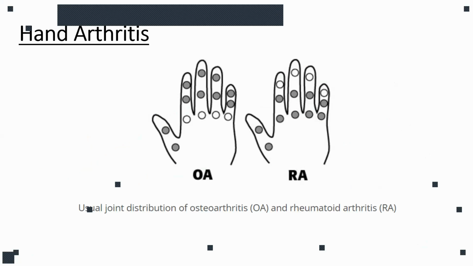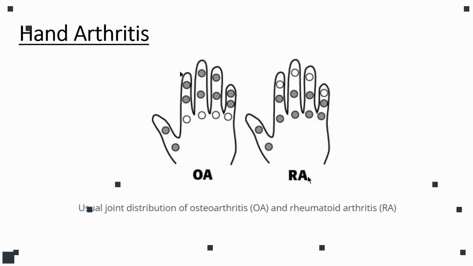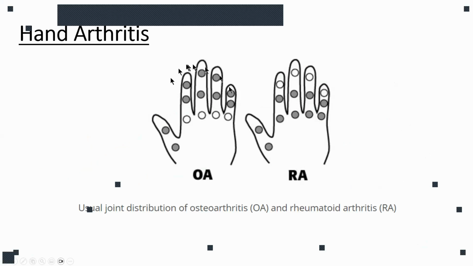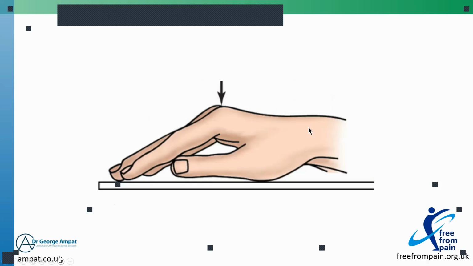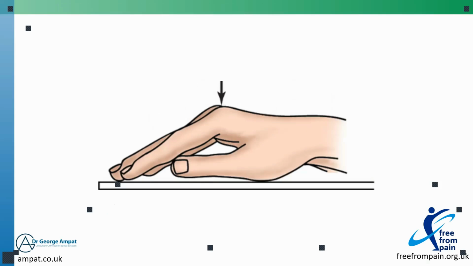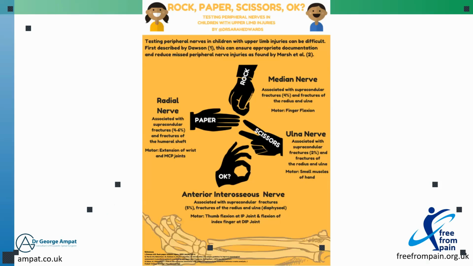We looked at arthritis of the hand, the osteoarthritis in the DIP and the PIP, the Heberden's and the Bouchard's nodes, whereas rheumatoid arthritis was mainly in the MCP, and we looked at the ulnar deviation. In Dupuytren's, if the patient is able to place the hand flat on the table, then you don't need any intervention. Only when they are not able to place it flat on the table, we may need to consider some intervention.